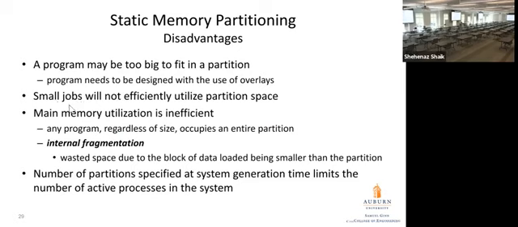Okay, and of course, if we have any small processes which are allocated a partition of larger size, then there may be some memory capacity which is allocated and not being utilized.